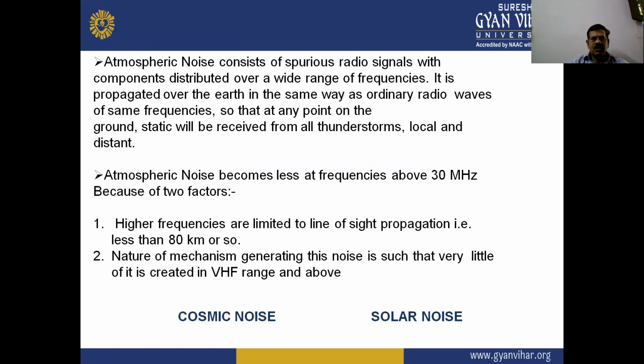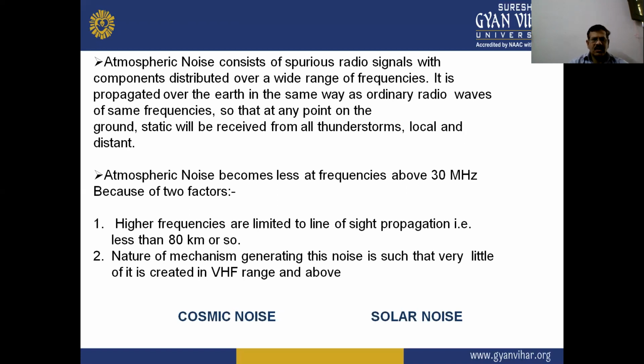Atmospheric noise consists of spurious radio signals, or basically noise signals, with components distributed over a wide range of frequencies. It is propagated over the earth in the same way as ordinary radio waves of the same frequency, so that at any point on the ground, static will be received from the thunderstorm, local and distant.